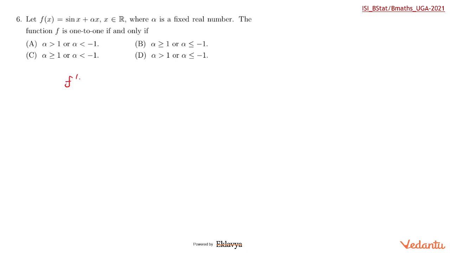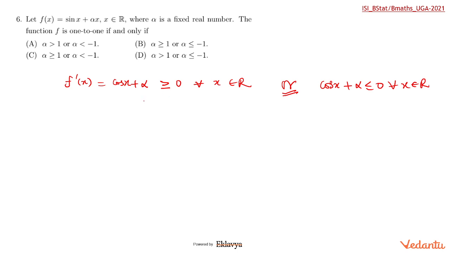So f dash x here is cos x plus alpha. This should be greater than or equal to 0 for all x belongs to R, or we can say cos x plus alpha should be less than or equal to 0 for all x belongs to R.